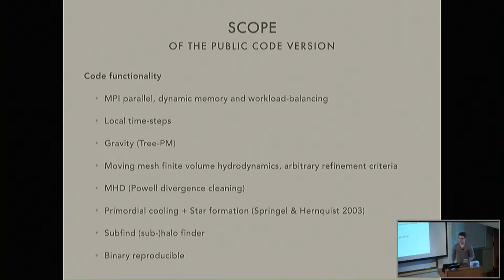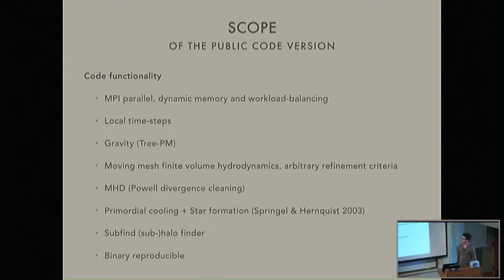So specifically, this means that this code is a fully MPI parallel code, which is not OpenMP parallel, I should say. I removed this functionality. It has dynamic memory and workload balancing, which is very important for cosmological simulations. Fully local time stepping, gravity in a TreePM method, which has been improved from previous code versions. So this is mainly all versions of Gadget that exist.